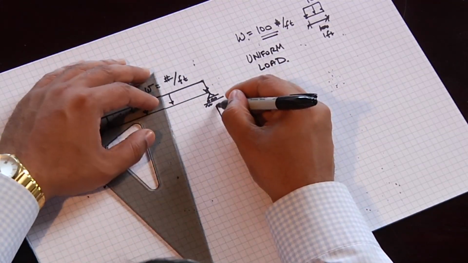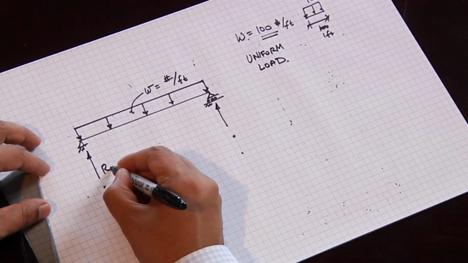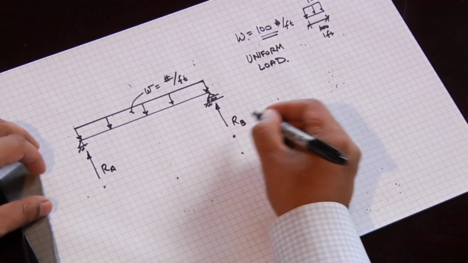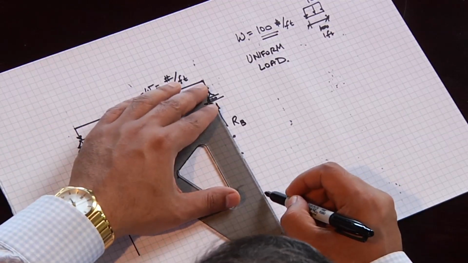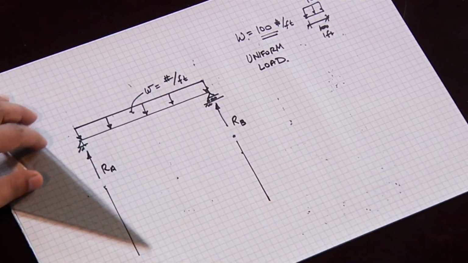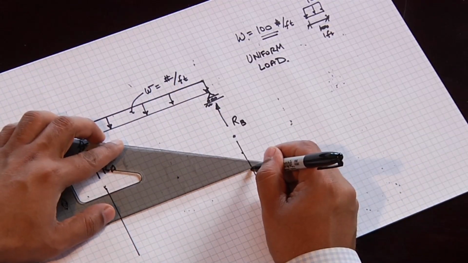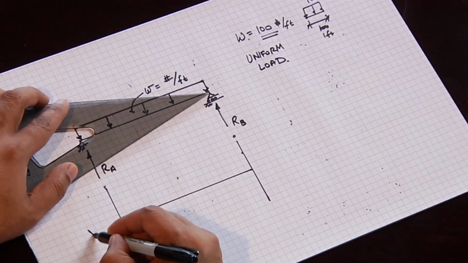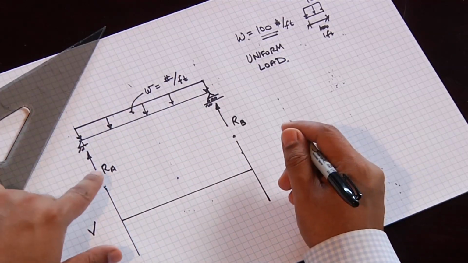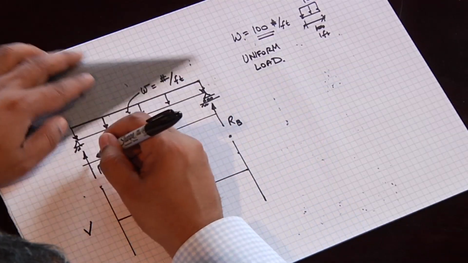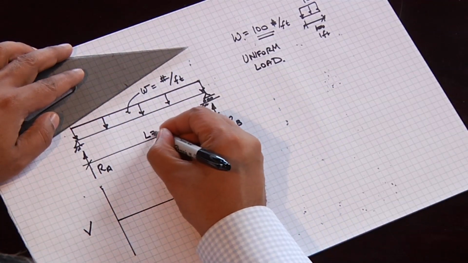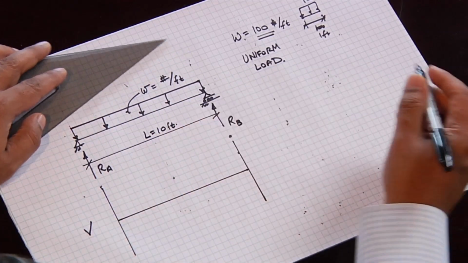So now again, we draw our lines. We have two reaction points, RA and RB. We draw our lines down. We draw our horizontal axis. The first thing we have to do is compute the reactions. Let's also put a span on here. We'll make L equal to 10 feet.